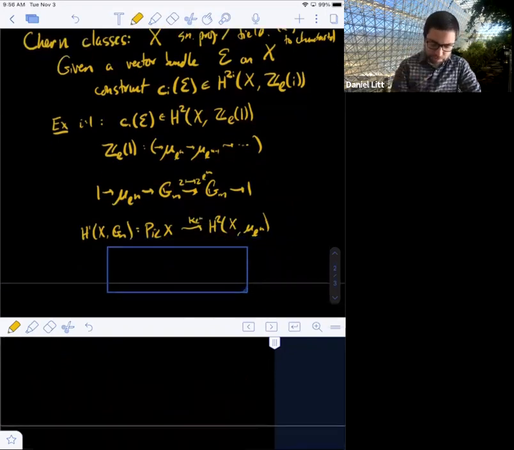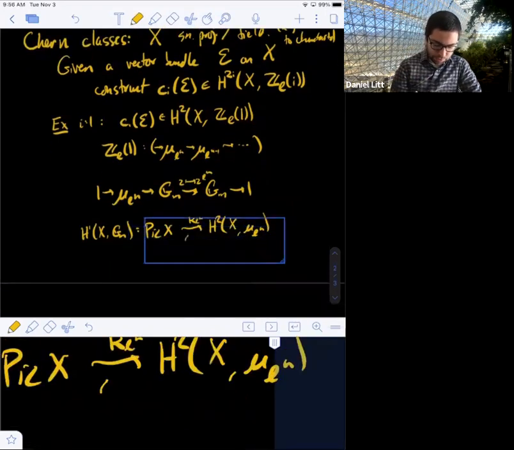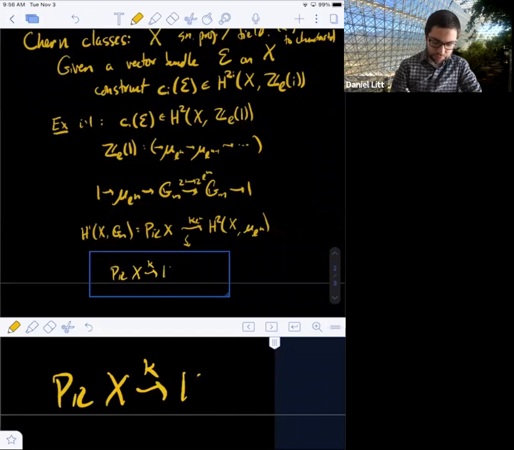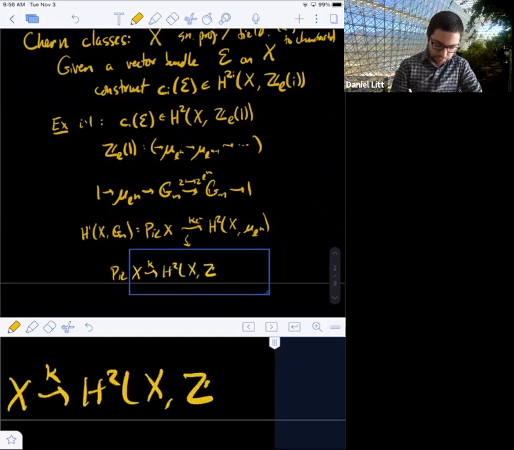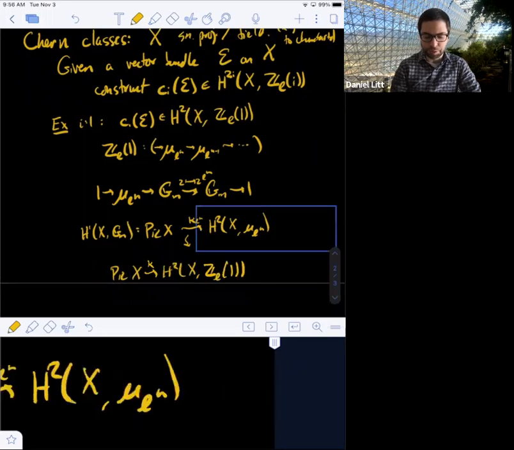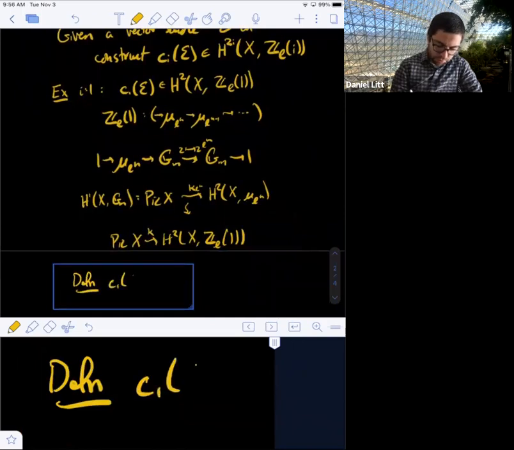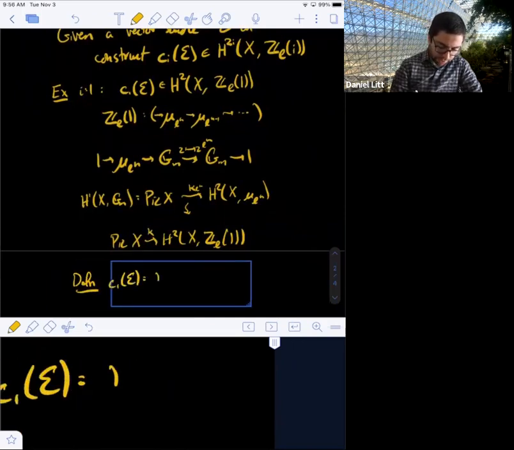Gluing all these maps together, one gets a map which I'll call kappa also, from Pic X to H^2 of X with coefficients in Z_l(1), which remember is the inverse limit of all of these groups. So the definition of c_1 is just kappa applied to the determinant line bundle of V.